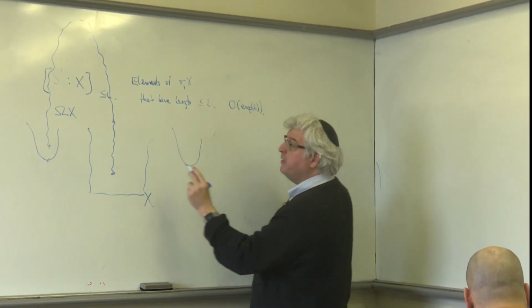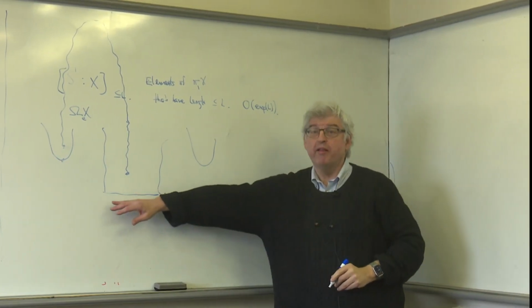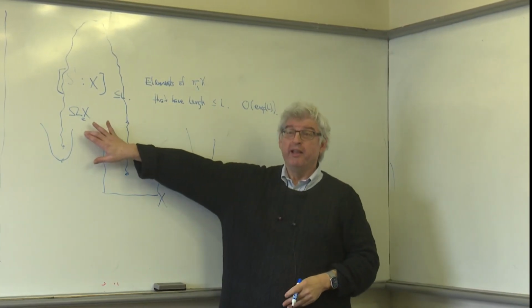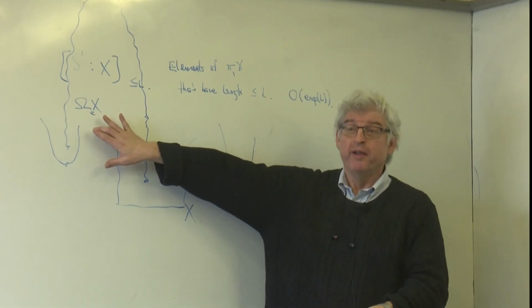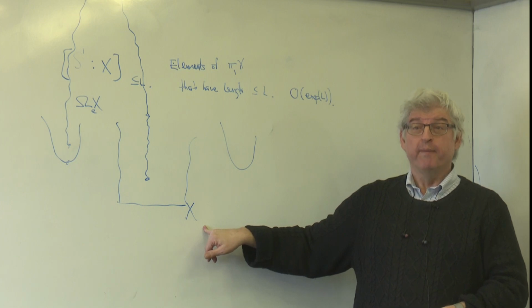So let me look at the component of the identity, the constant. I put an E here. It's the trivial map, which corresponds to these maps here.